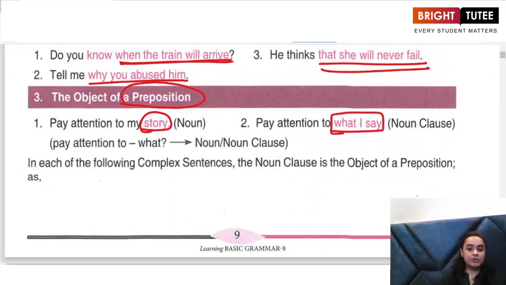The answer that you are getting is in the form of a clause. And this clause follows my preposition. It comes immediately next to my preposition. So this is what? This is a prepositional noun clause. A noun clause which comes next to a preposition is a prepositional noun clause.